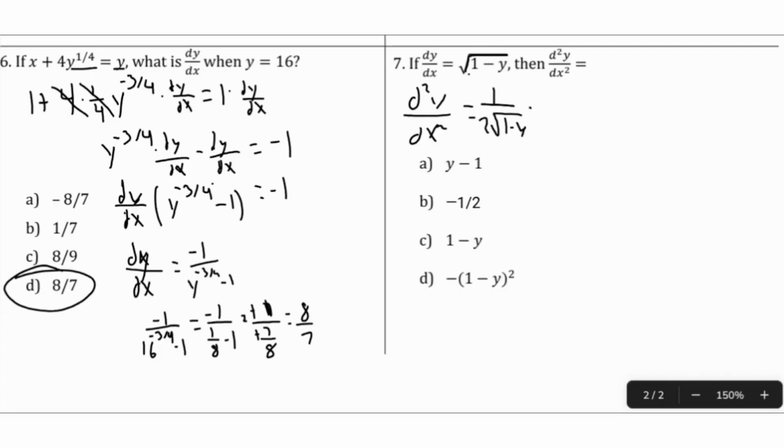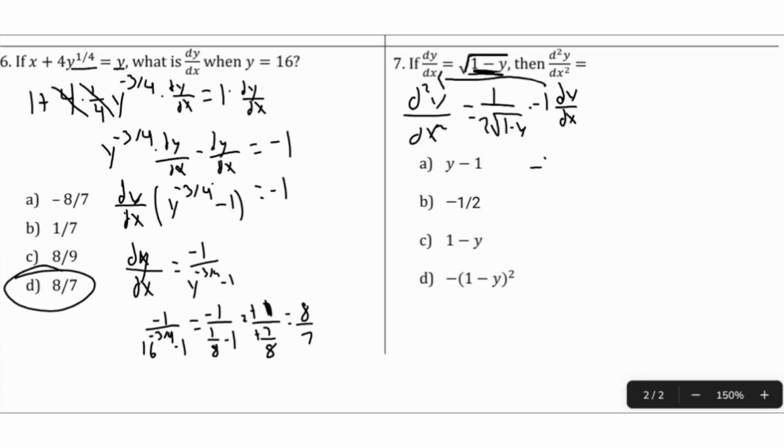And then we multiply by the derivative of this inner function, 1 minus y here. That's equal to negative 1. Again, you have to tag it with the dy dx since we're differentiating y. And we know we were given what dy dx equals in the problem. So we can plug that in, plug this square root 1 minus y in for dy dx.